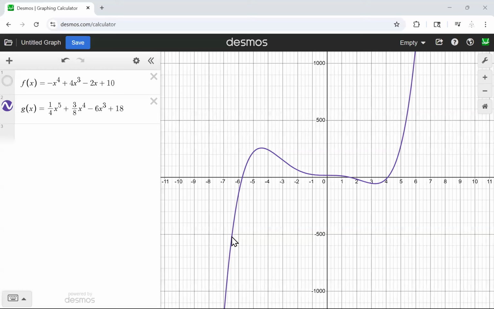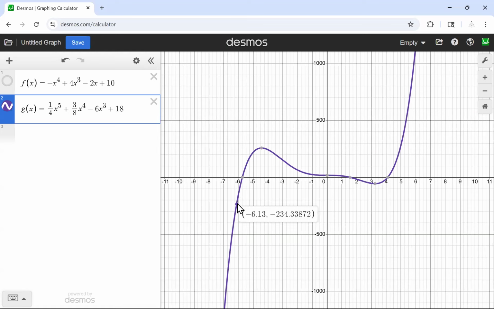I rescaled this so that it's a little bit easier to see. I used the x-axis going from like negative 11 to 11 and the y-axis going by jumps of like hundreds here. So if we rescale it, then you can see easily that we go up to that point, we go back down, we have a weird jog here. We go down to this point, and then we go back up.